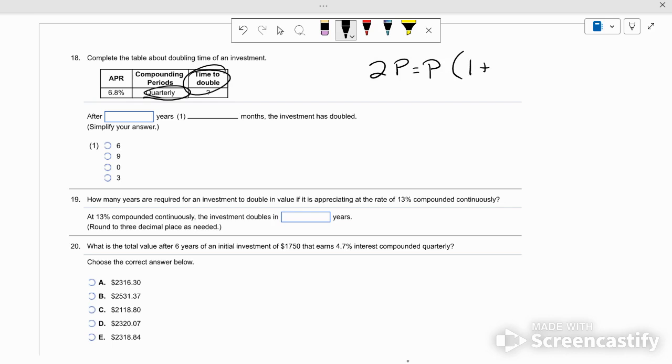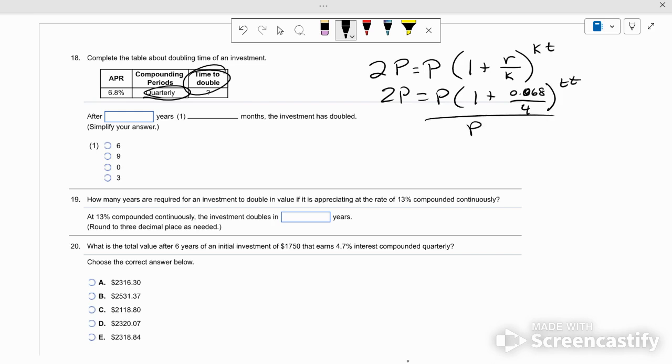So 1 plus the rate divided by the number of times it's compounded per year, to the time power. So 2p equals p times 1 plus 0.068 divided by 4 to the 4t power.